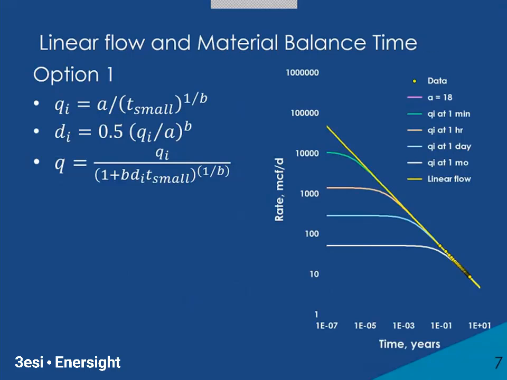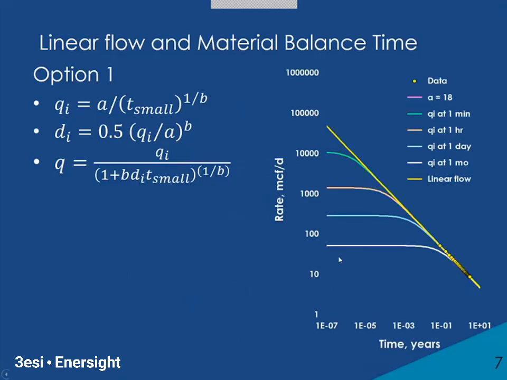So here's the issue. If I say I've got monthly data, and I say my maximum qi for my hyperbolic equation is the average rate for that first month, then if you look at the data on this graph, here's the average rate for that first month. That says my hyperbolic equation can never exceed that rate.